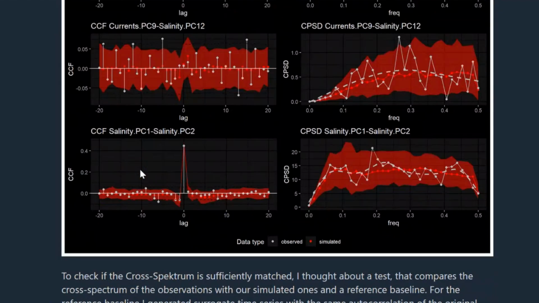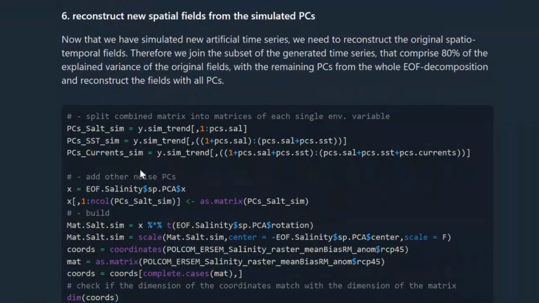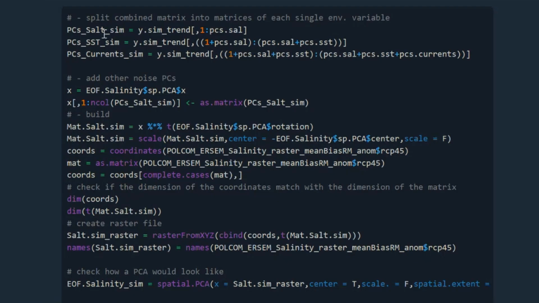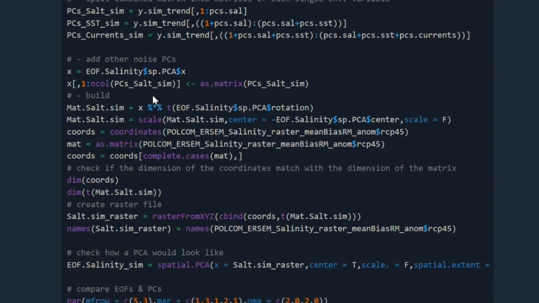And then when we looked at various spectra and different autocorrelation functions, we can then reconstruct our new spatial fields from the simulated PCs. Here I get the simulated data and the simulated PCs, right? And then we have the remaining PCs that we didn't include in our process. So we add those back into our modeling procedure to reconstruct the environmental fields.